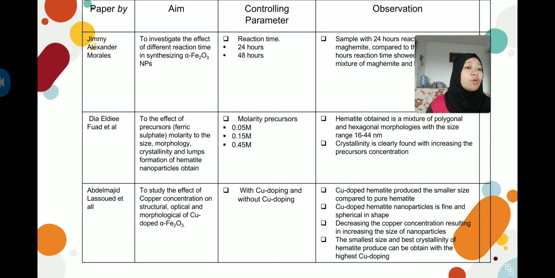They found that the copper-doped hematite produced a smaller size compared to pure hematite, and the copper-doped hematite nanoparticle is finer compared to pure hematite. So decreasing the copper concentration will increase the size of the nanoparticle. And lastly, the smallest size and the best crystallinity of hematite were produced with the highest copper doping.